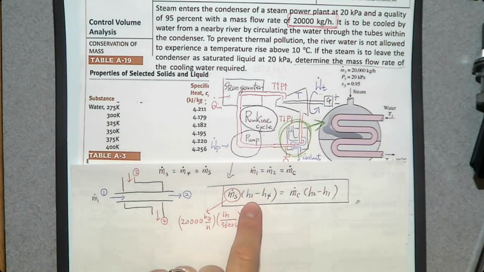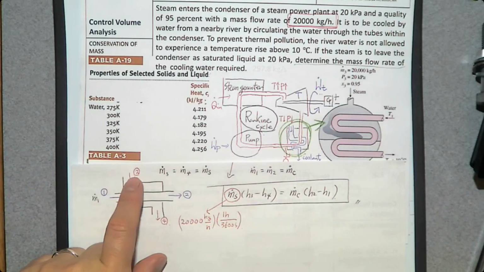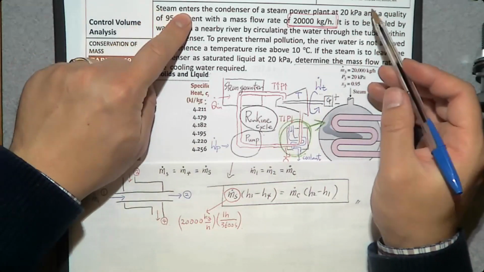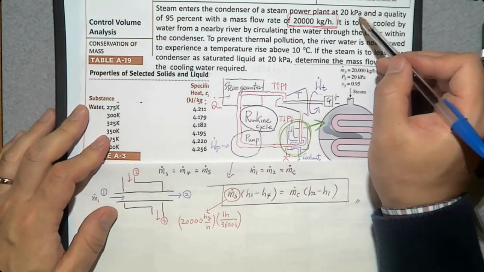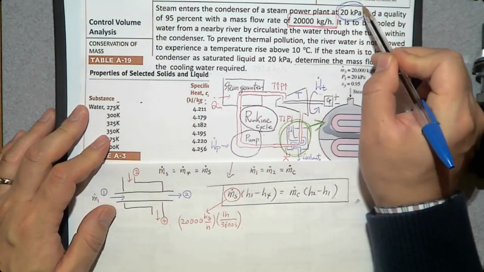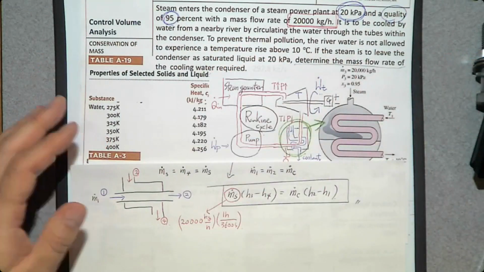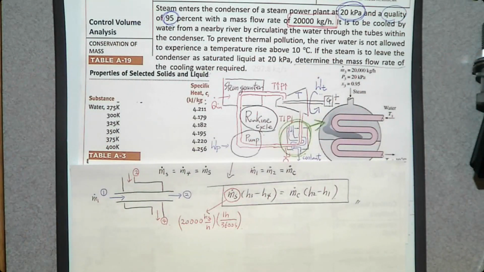What about H3? Can we determine H3? 3 is the inlet of the steam. So let's see what we know at the inlet of the steam. Steam enters at 20 kilopascal, and quality is 95%. So we have a quality between 0 and 1, so it is a saturated mixture.